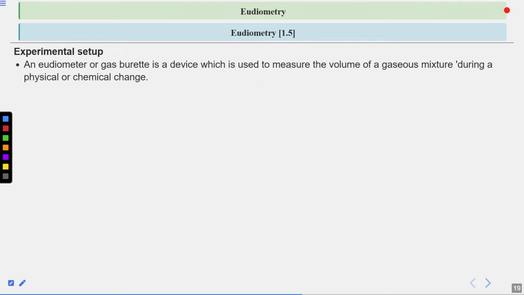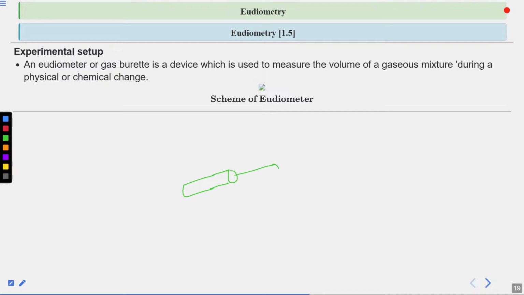Now let us try to understand the experimental setup for this. Okay. So what we do, say we have a burette. Okay, we have a burette like this, and in this we are doing the combustion.